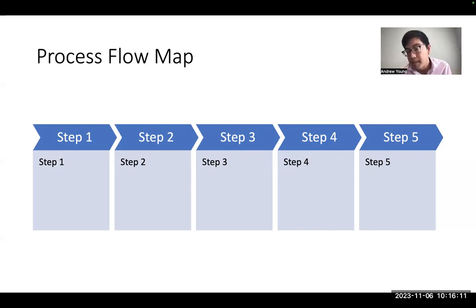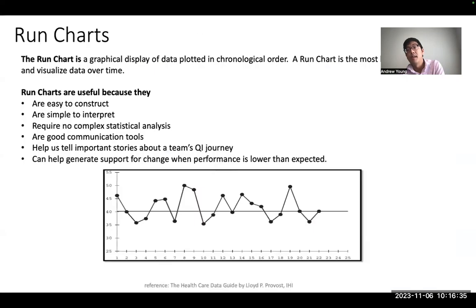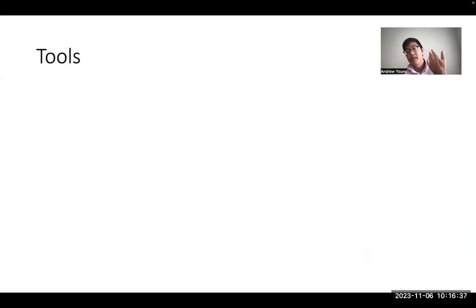What's going to be included in the template is a very simple process flow map, and you could just put in step 1, step 2, step 3, step 4, step 5 for your QI project. I included this not to go over it again, because I think we've gone over process, balance, and outcome measures multiple times, but I'm going to include this in the template as well. This is a way where you can document the measures you're going to utilize in your QI project. And then we've talked about run charts.